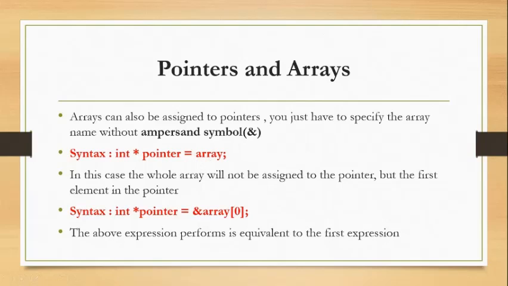In this case, the whole array will not be assigned to the pointer. The first element in the array will be assigned. And even the following expression does the same: int pointer equals ampersand array sub 0. Remember, arrays are 0 based, hence the first element would be represented by 0.